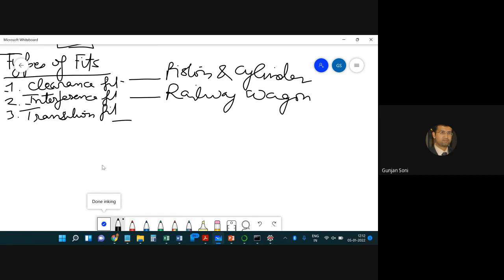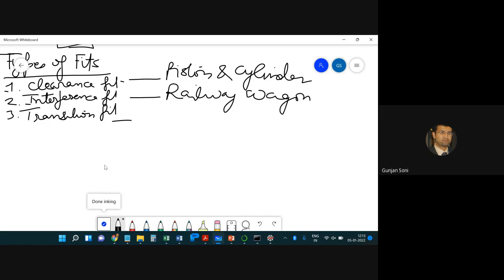It is meant permanently. If you are going for an interference fit, you are doing that for mostly permanent purpose. But in the transition fit, you want a close fit, but at the same time you also want an easy disassembly with little bit of force, and where the assembly does not get destroyed.